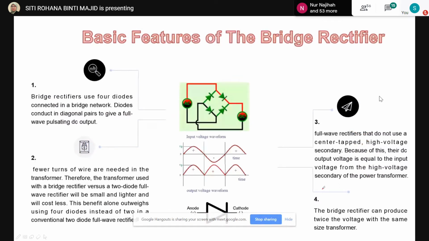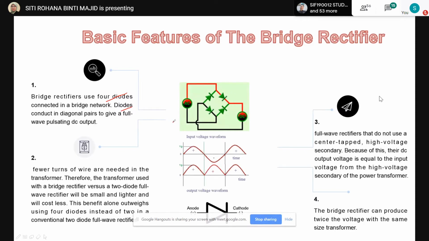I want to talk about the basic features of the bridge rectifier, in which there are a few good features. The first one, we already know that they have four diodes connected in a bridge network, like in electronics lab, you learn about the Wheatstone bridge, something like that. And then the diodes will conduct in a diagonal form to give a full wave of pulsating DC output.